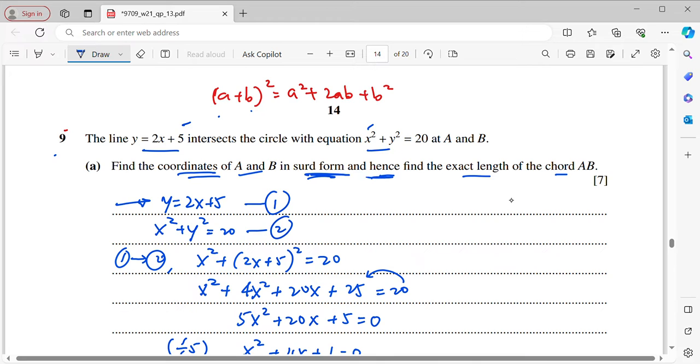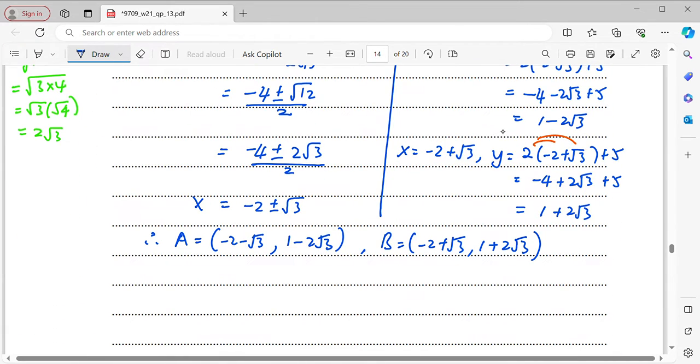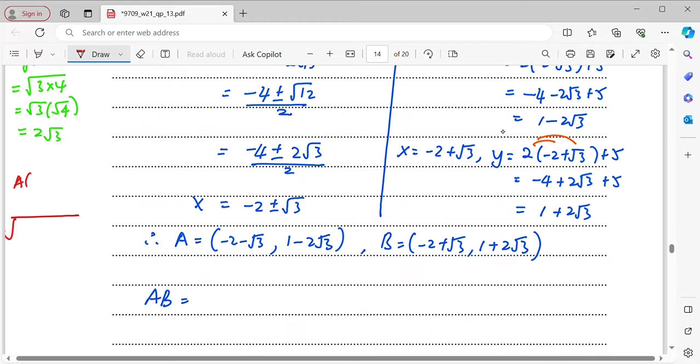But then, hence, find the exact length of AB. So now we need to find the length. For AB, we have one formula here. Let's say A is (x1, y1) and B is (x2, y2). Then AB is going to be the square root of (x1 minus x2) squared plus (y1 minus y2) squared. That is the distance formula.